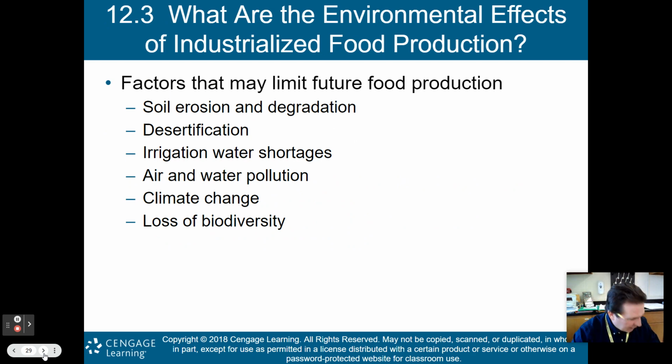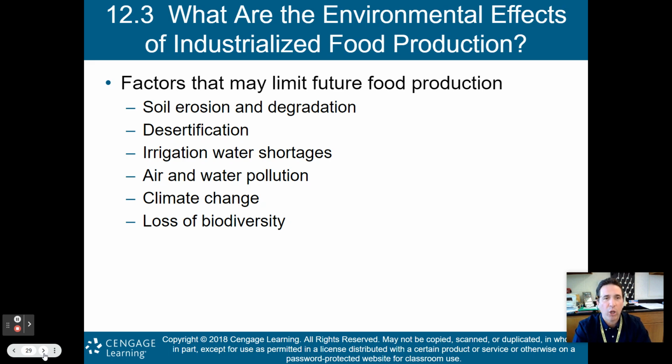So here we go. What are then the environmental effects of industrialized food production? All right, so now we're going to start getting into what is wrong with it and why we need to change this industrialized food. So we talked about what it is, again, agriculture, meat, and fish, and now we're going to talk about the environmental effects. So factors that may limit future food production.